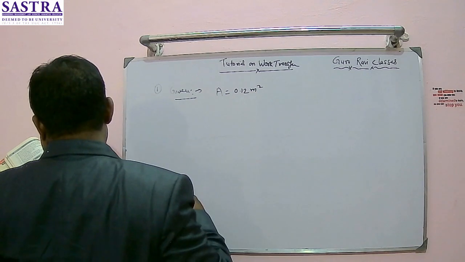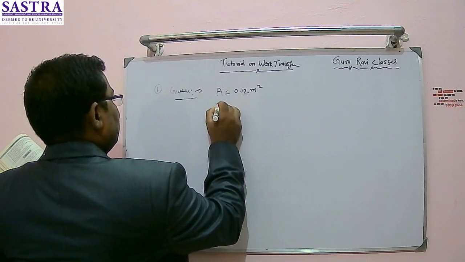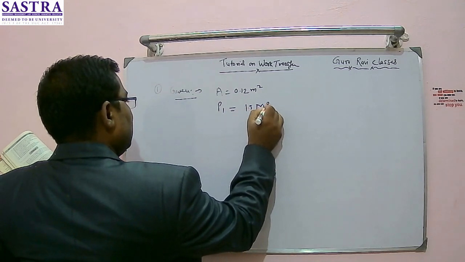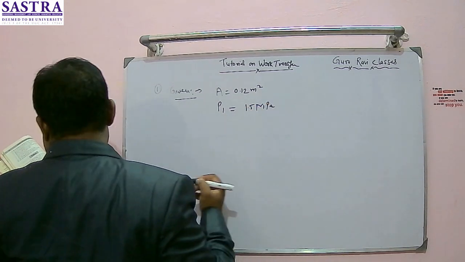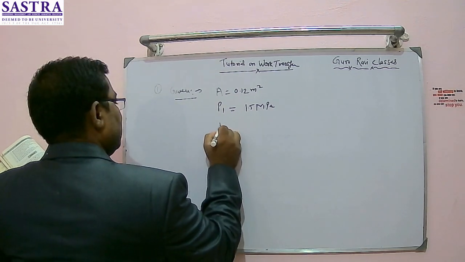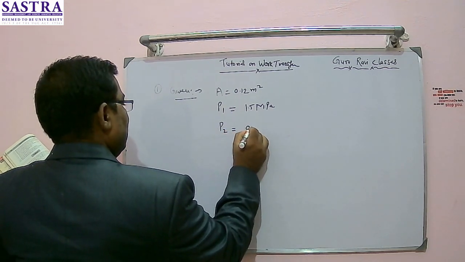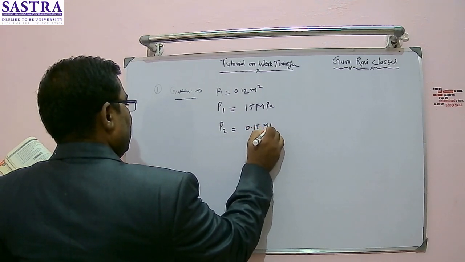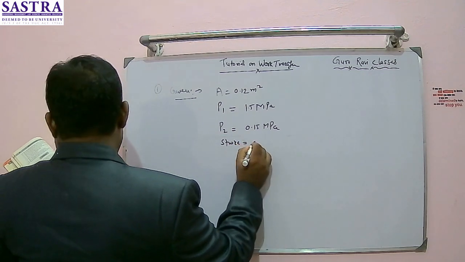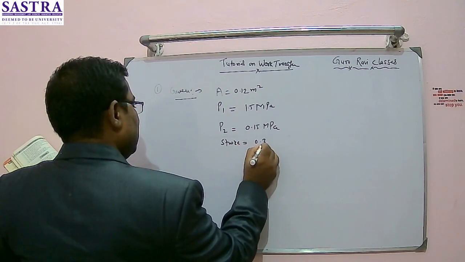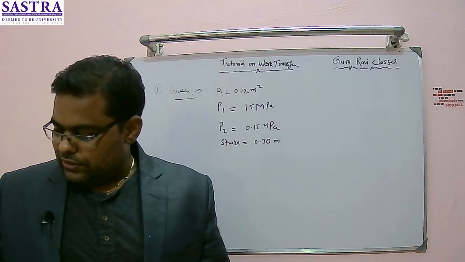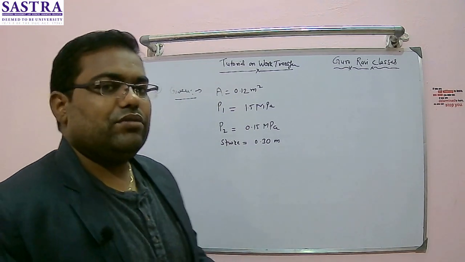The gas is at an initial pressure P1, which is given as 1.5 megapascal. The gas expands along a straight line, and the final pressure at state 2 is 0.15 megapascal. The stroke length is given as 0.30 meter. These are all the things given, and we need to find the displacement work.